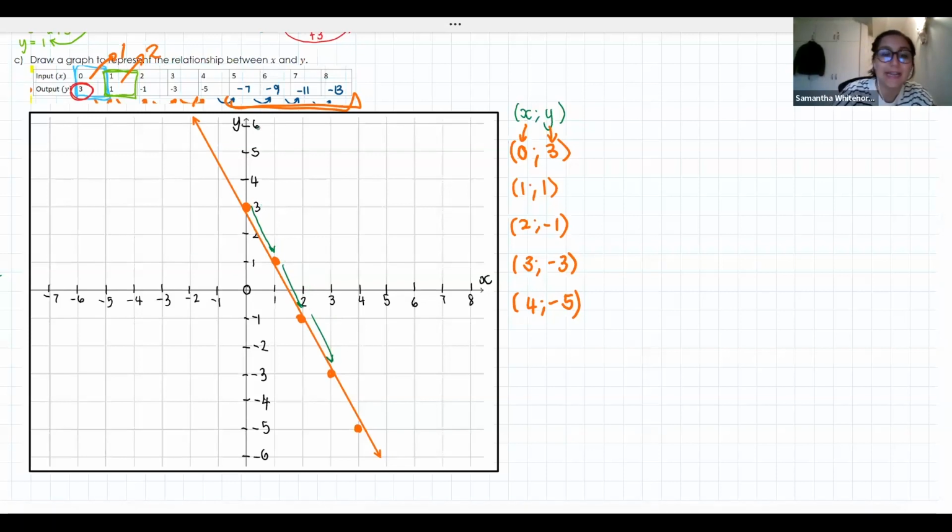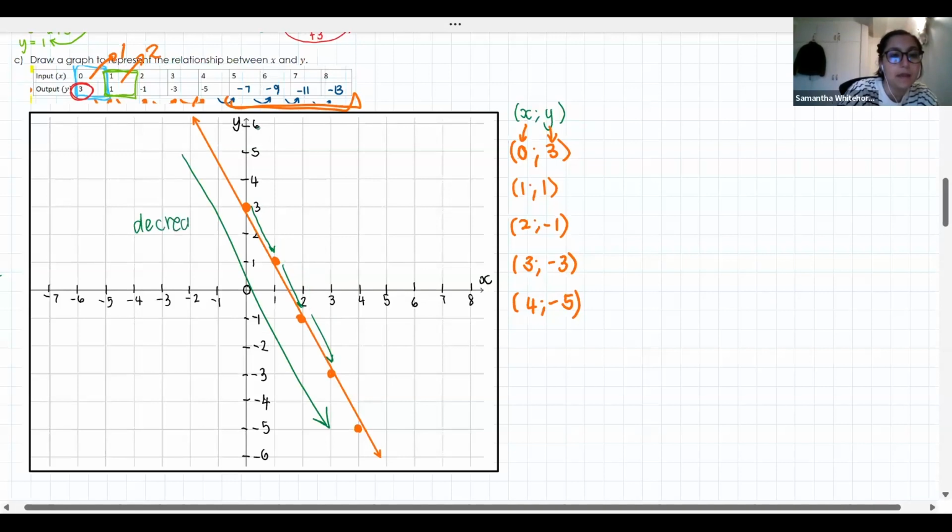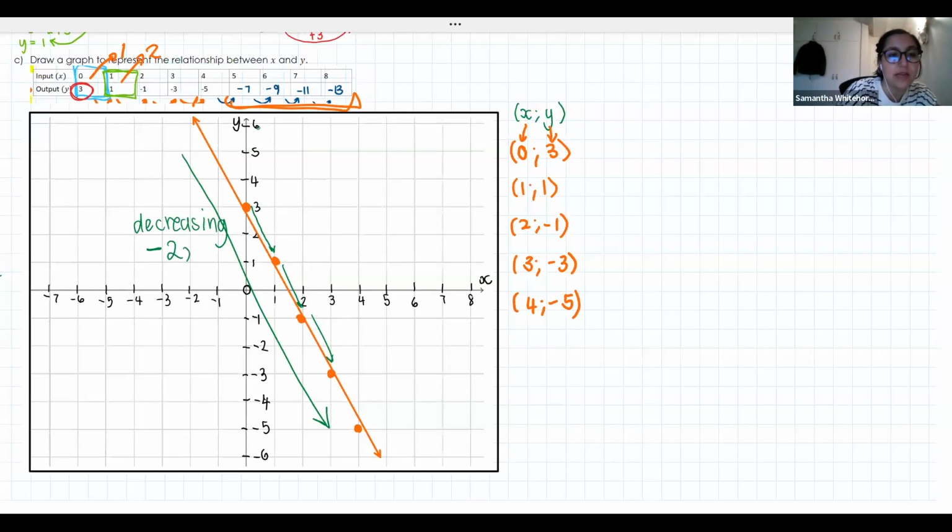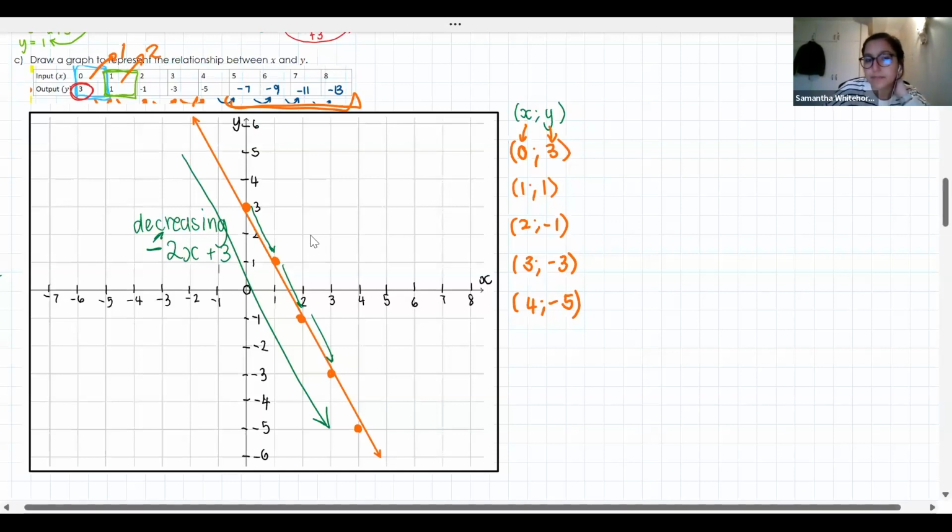We also know that it's negative because what we see is that my graph is decreasing from left to right. And so that is why my rule had a negative 2x. That negative 2x means that we are decreasing from left to right.